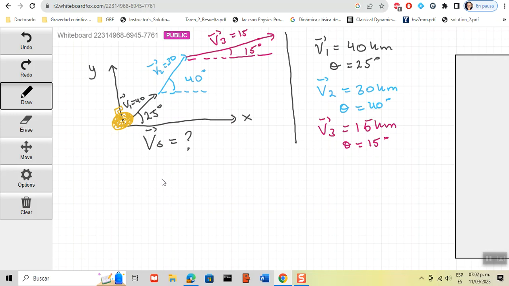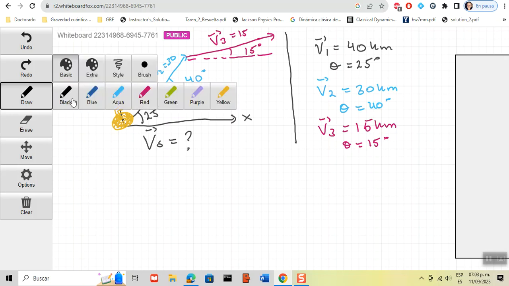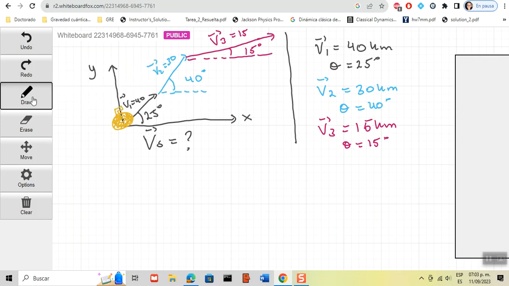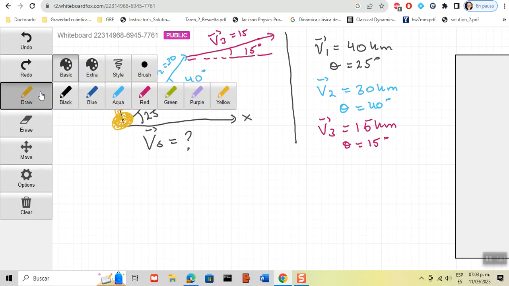So anyway, what we can do, guys, is work with the components for the vectors, right? We're going to figure out the components for each vector. I don't have a laser here, but I'm just gonna draw a little bit on top of it. We're going to find the components for each vector using trigonometry, and then we're going to add those up, okay?